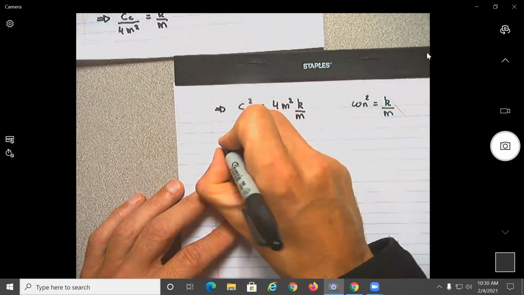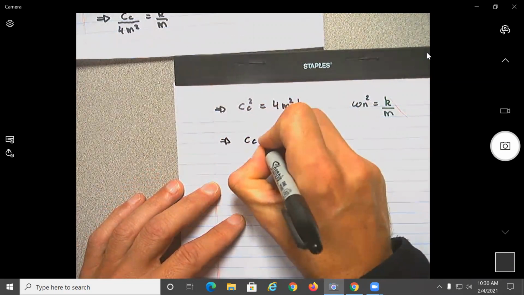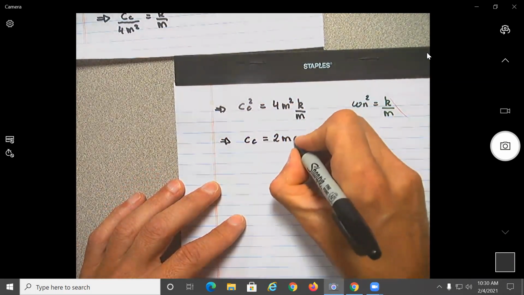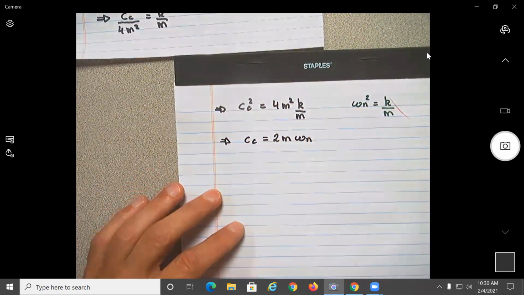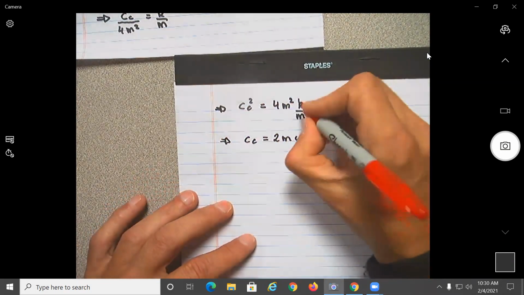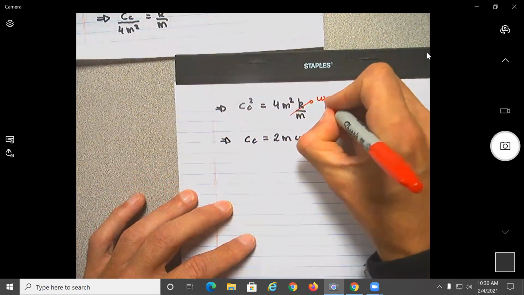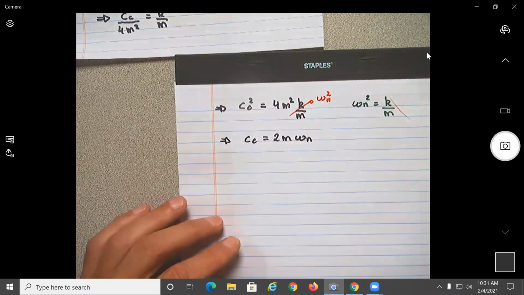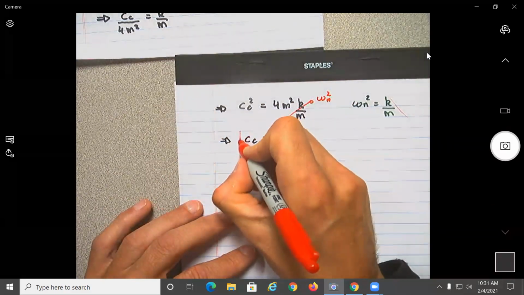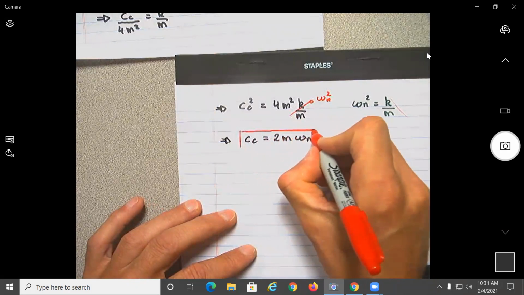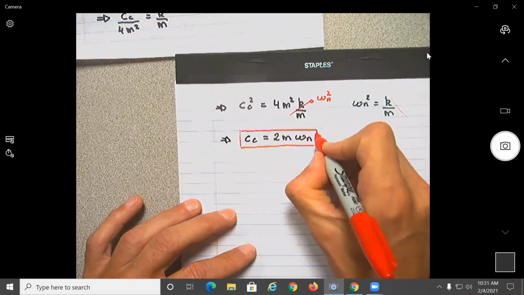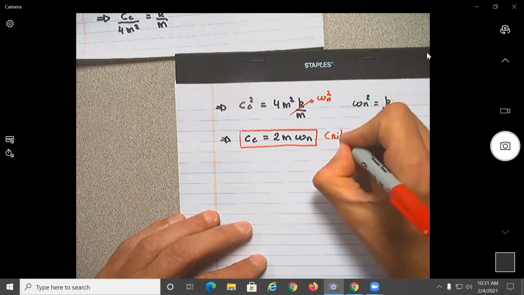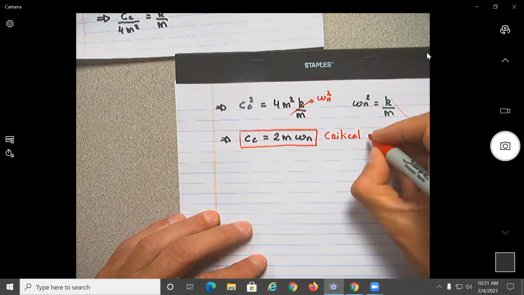So what we're going to have at the end is that C sub C will be equal to 2m omega sub n, because this term here is omega n squared. So this is what is known as the critical damping constant.